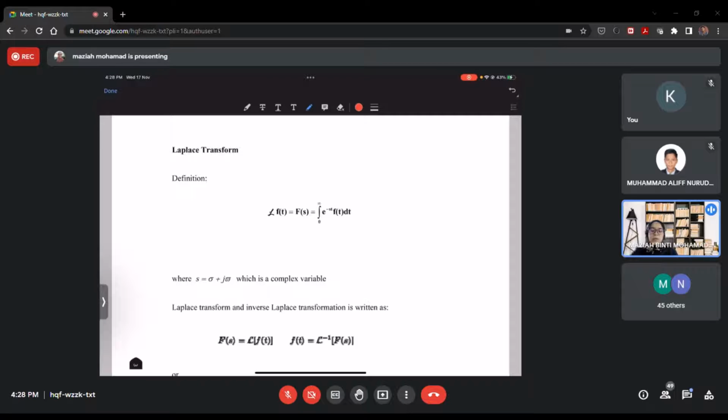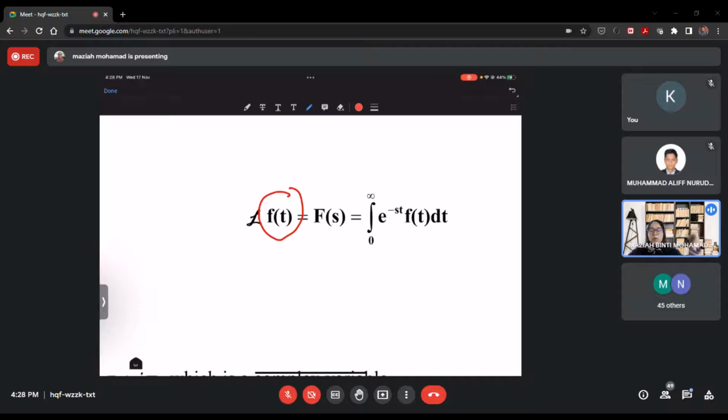The Laplace transform transforms a time function into a Laplace function, right? Because there is d over dt, the function is in time. We're going to transform it into Laplace, so t will be changed into s.